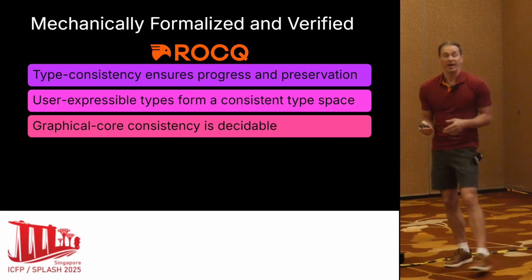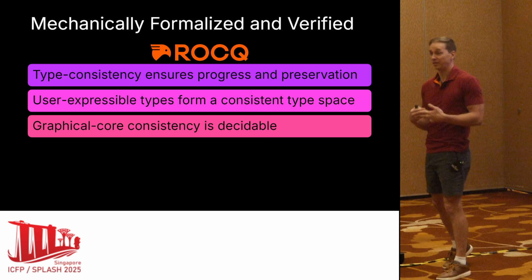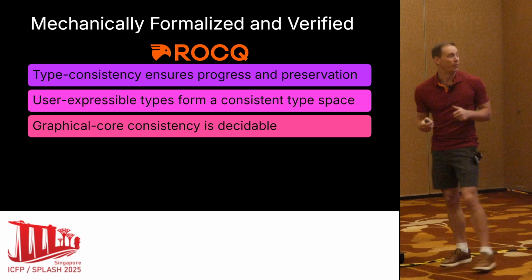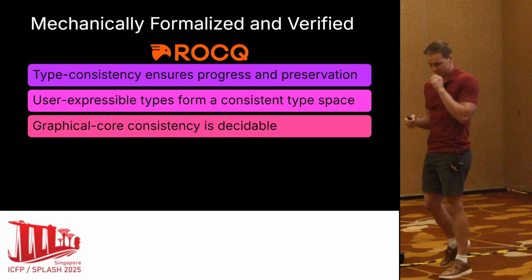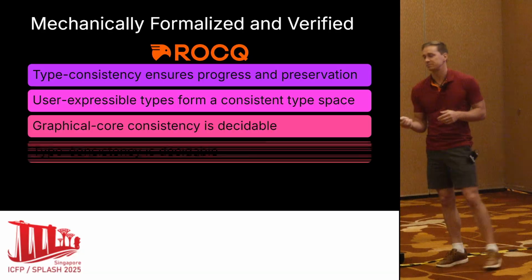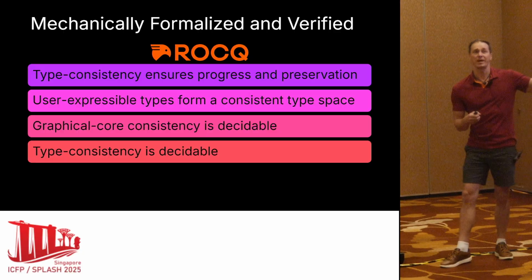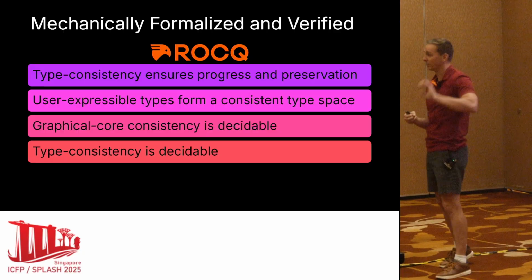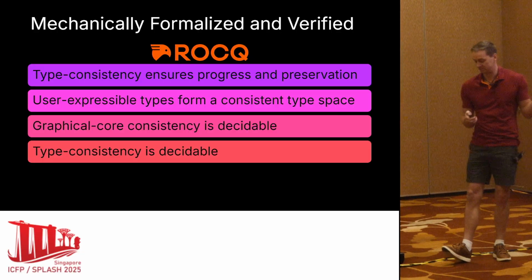I proved that graphical core consistency is decidable even with these label listeners able to dynamically generate more types or variables, constraints, and even label listeners. And I combined that with that process for extracting a graphical core from a program to prove that type consistency for programs is decidable.